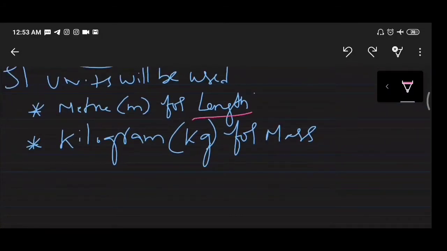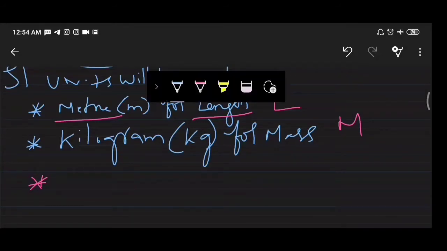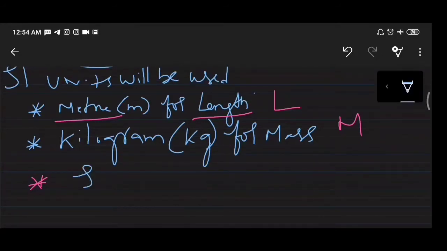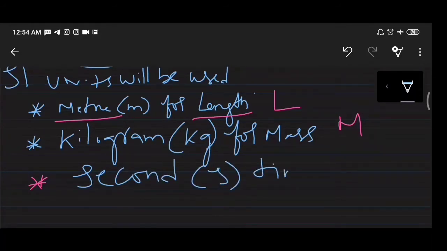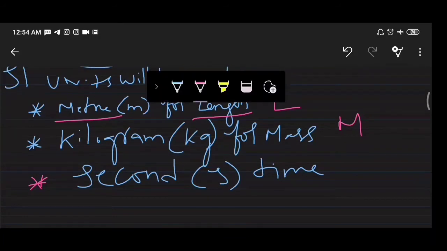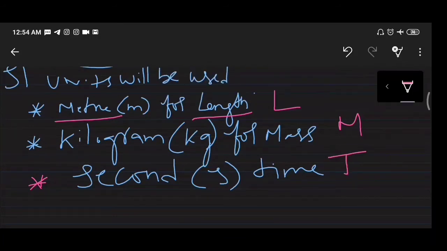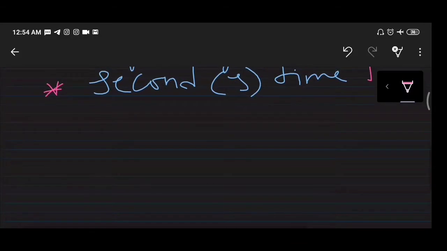For length we are using meters, represented with L. For mass we are using kilogram, let's say M. For time we use seconds, that is T. T is time.